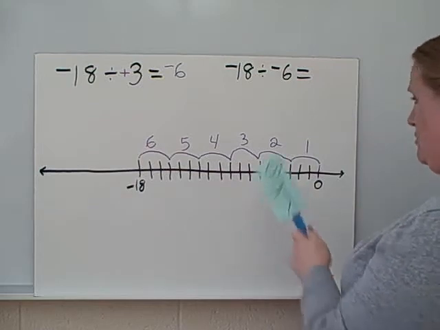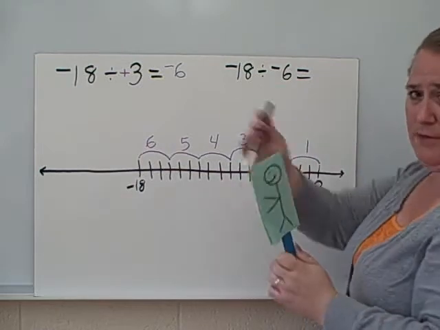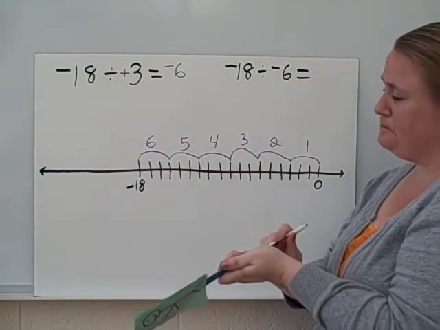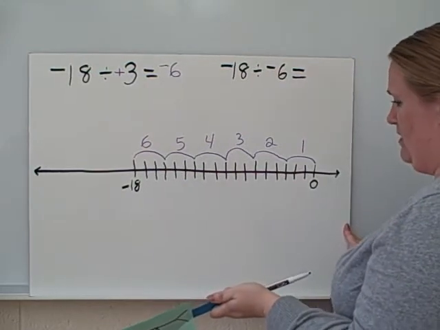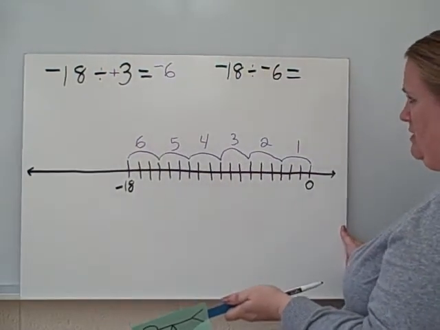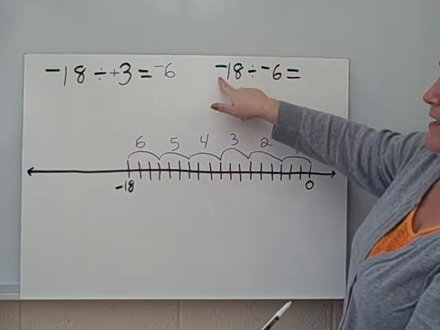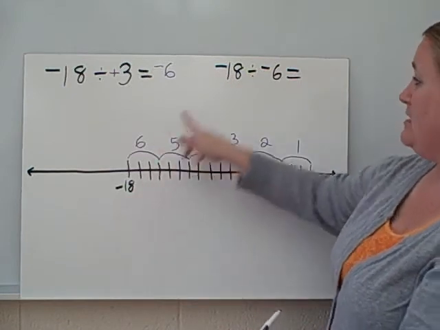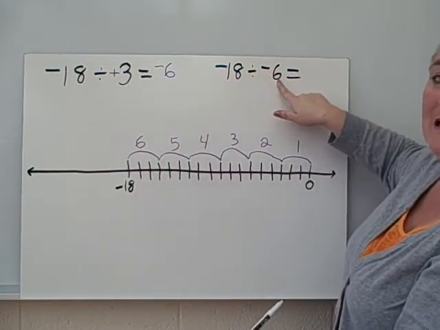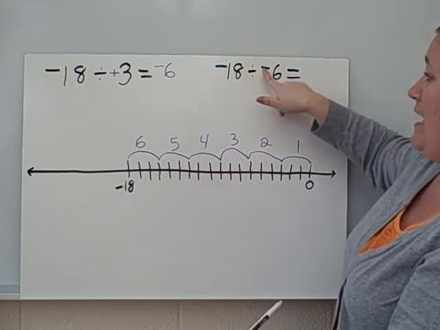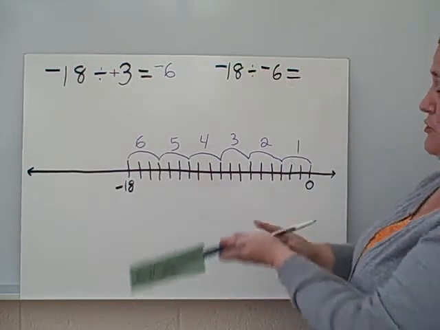So now I'm going to do the next problem. I'm going to use a different color. This time, again, my destination is negative 18, and I'm moving in steps of 6, and I'm walking backwards.